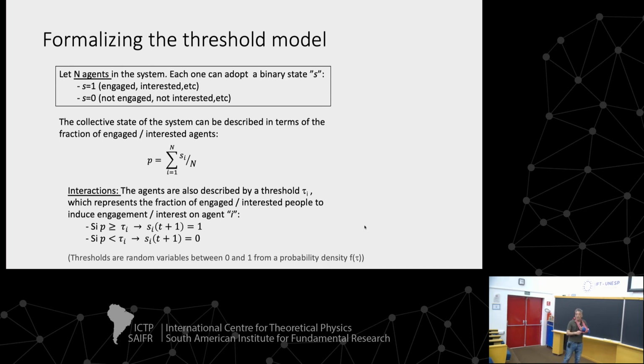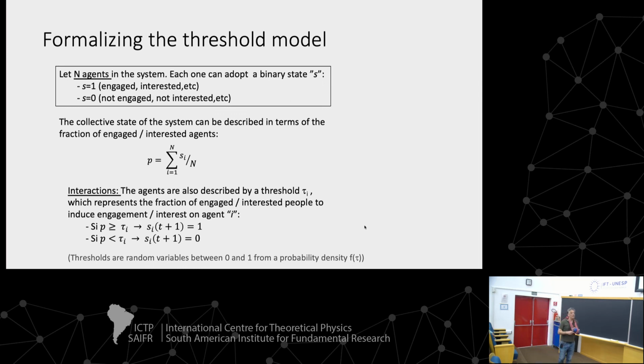State 1 means the agent is engaged or interested; state 0, it's not engaged, not interested. And we are going to describe the system in terms of a macroscopic parameter that is the fraction of interested people.